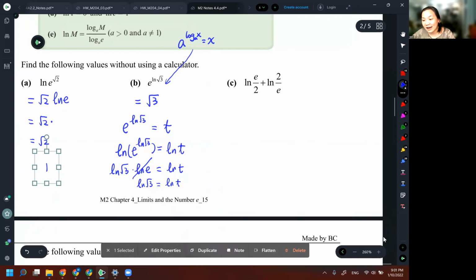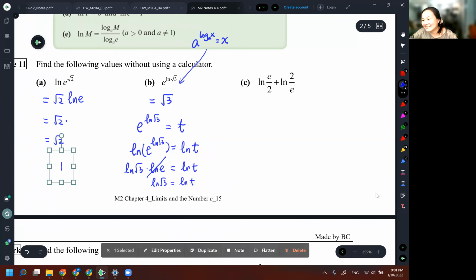And if you really, really don't know, you can still use calculator to cheat a little bit. In the end, you will find it's equal to 3, okay? This one is equal to log e over 2 times 2 over e. This is log 1 equals 0.